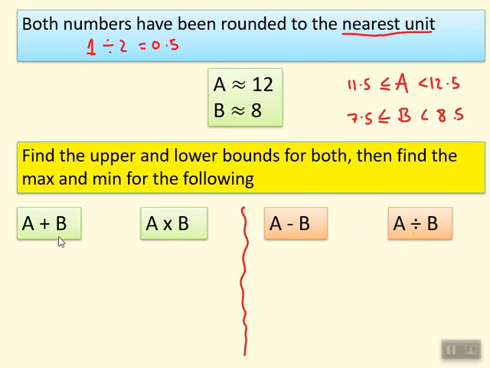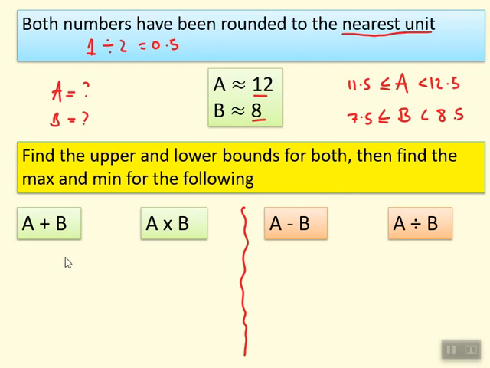Now, what I want to do is find out what the largest and smallest value you could get for when you add A and B together. So what I mean by that is we don't actually know what A and B equal. All we know is that they were rounded to 12 and 8, and these are the upper and lower bounds.